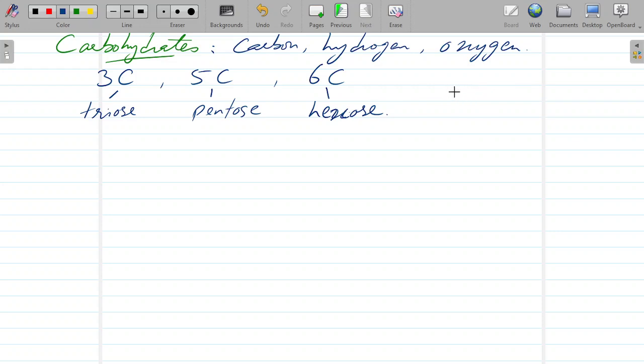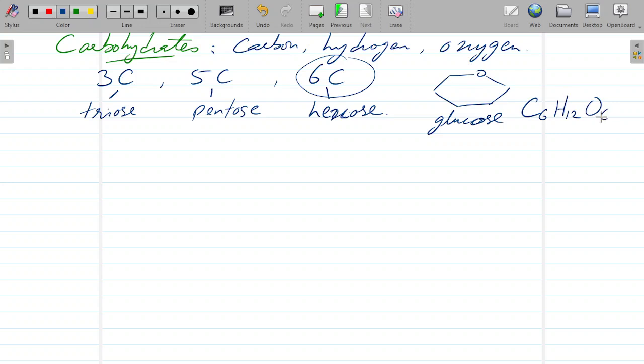So, a simple representation of a hexose is like this. This is a simple representation of a six carbon carbohydrate, for example, glucose. And the formula for glucose is C6H12O6.